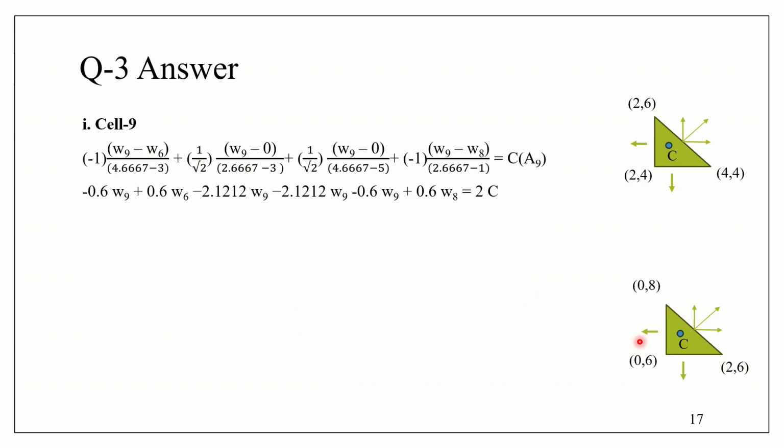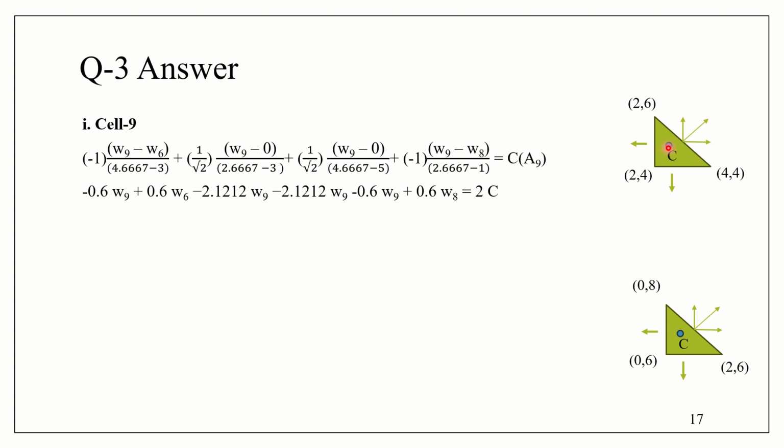Cells 9 and 10 are triangular cells. Adjacent to the ninth cell is the eighth cell, and at the bottom of it we have the sixth cell. So W9 minus W6 and W9 minus W8. These are normal cells, and we are again resolving at 45 degrees, and because the outward normal is in this direction, we get nx and ny components, and we use the wall boundary condition as 0, that is W9 minus 0 and W9 minus 0.